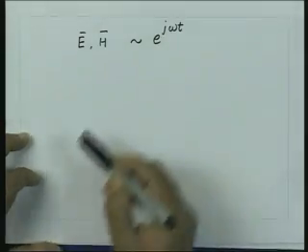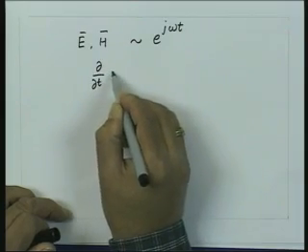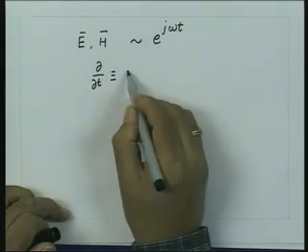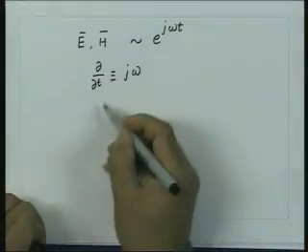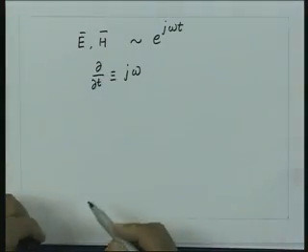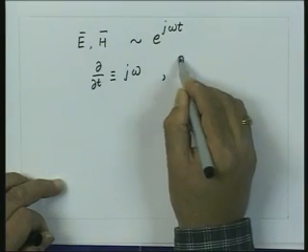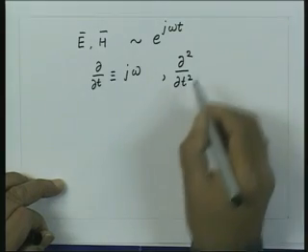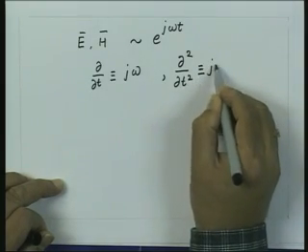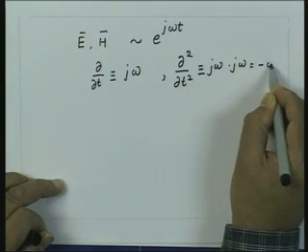So, any time derivative, d by dt, in these equations can be replaced by j omega. A time derivative is equivalent to multiplying that quantity by j omega, and the second derivative d2 by dt square is equivalent to j omega multiplied by j omega, that is equal to minus omega square.